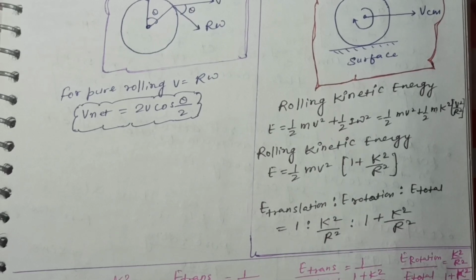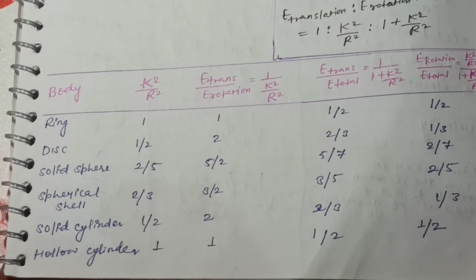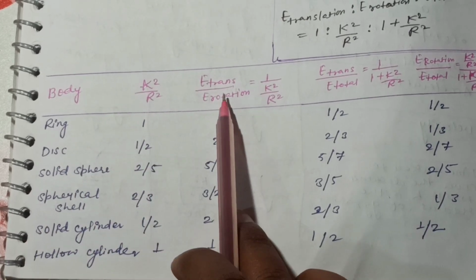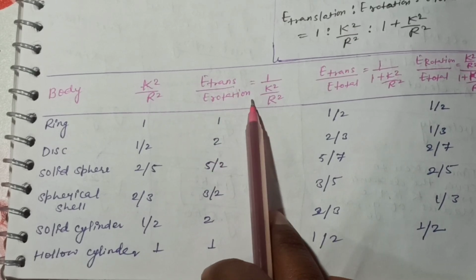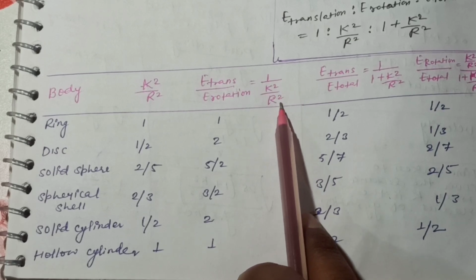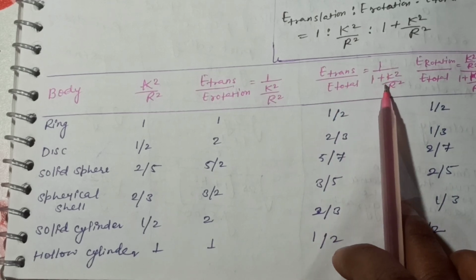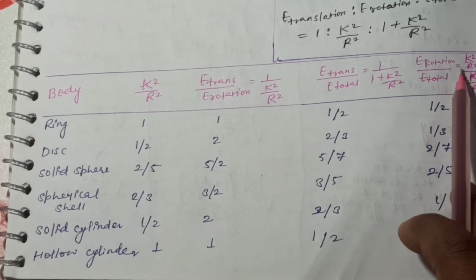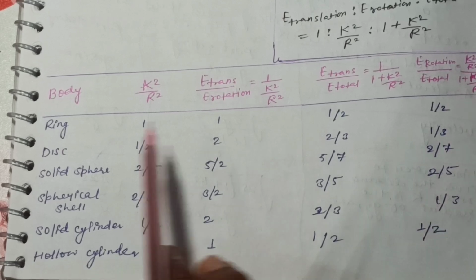E translation upon E rotation is equal to 1 upon k square upon r square. E translation upon E total is equal to 1 upon 1 plus k square upon r square. E rotation upon E total is equal to k square upon r square upon 1 plus k square upon r square.